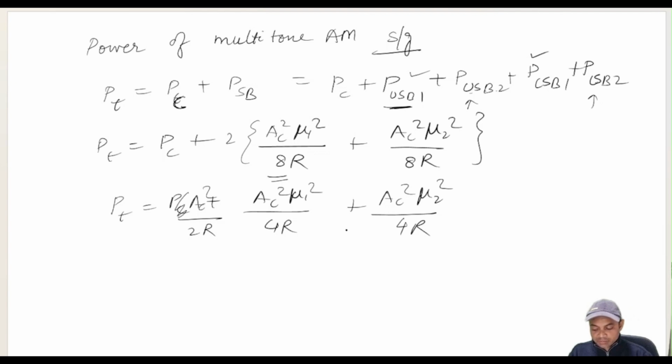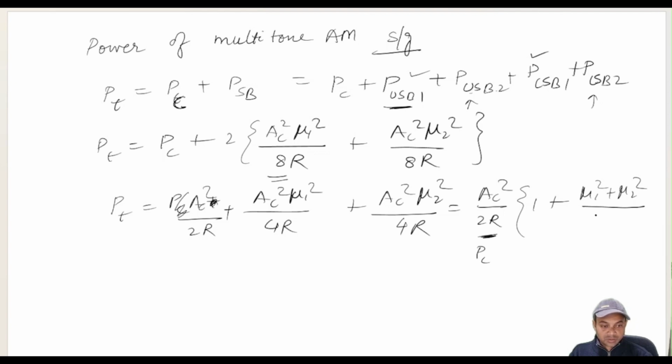We take Ac square by 2R, that is PC, common, then 1 plus (mu1 square plus mu2 square) divided by 2.